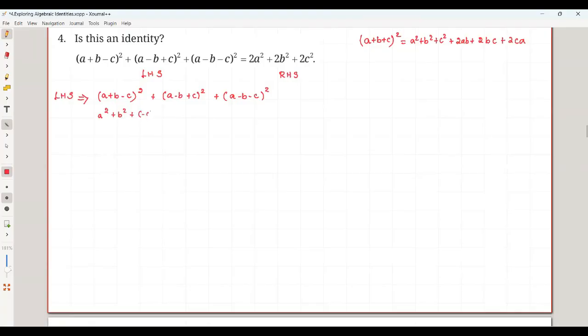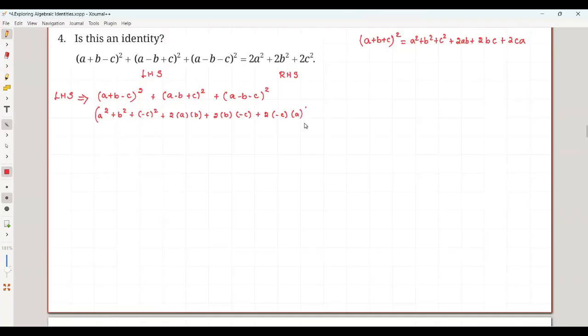Now use the formula: a square plus b square plus c square, and here c is taking minus, so plus 2ab, plus 2bc with c taking minus, plus 2ca with c taking minus. Okay, one part is over.